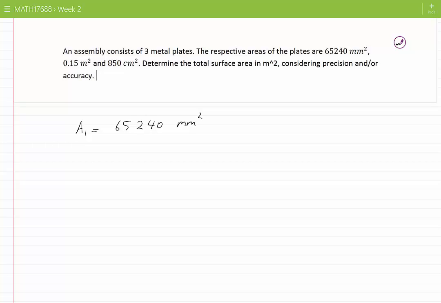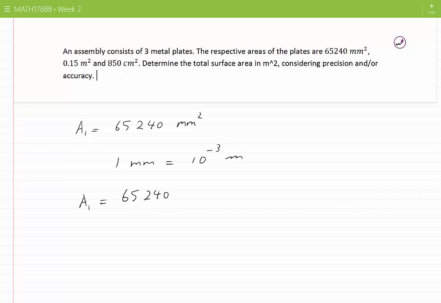I know that 1 milli is 10 to the power of minus 3. In other words, 1 millimeter is 10 to the power of minus 3 meters.